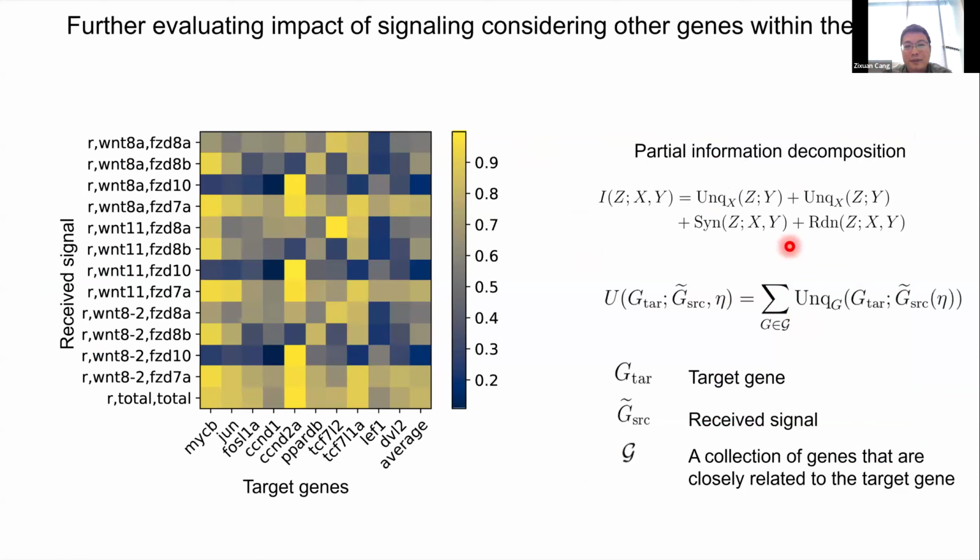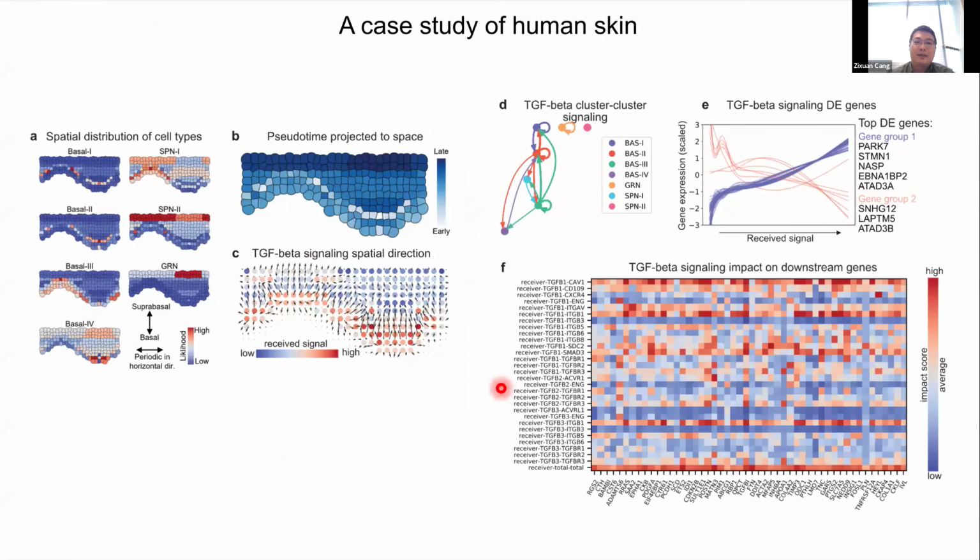In a more general case, this partial information decomposition quickly becomes computationally costly when you consider more than two background genes at the same time. By background gene, I mean when we consider the impact of L1R1 on gene X, given the information about gene Y. If there are two genes in gene Y, then it becomes computationally costly. So for higher order interactions, we could use a more black box tool where we try to predict the expression of a gene given two types of features.